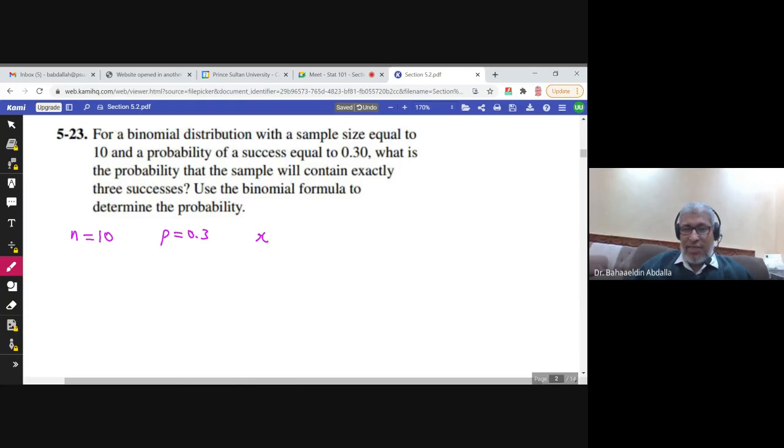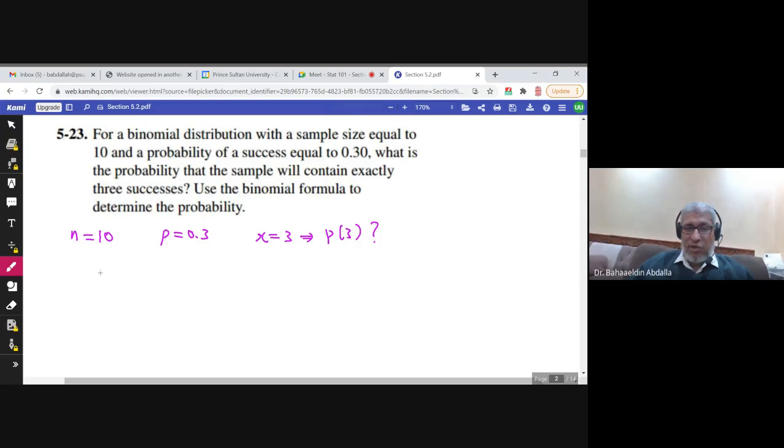So X is 3, and he is asking about the probability of 3. N is given in the question, and P is given in the question. In any question about the binomial distribution, you will have a number, which is N, and a decimal, which is the probability.